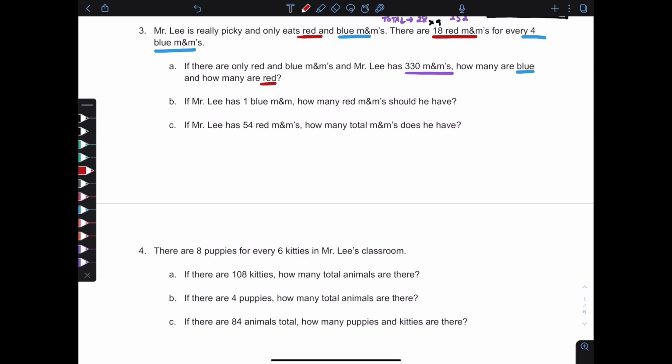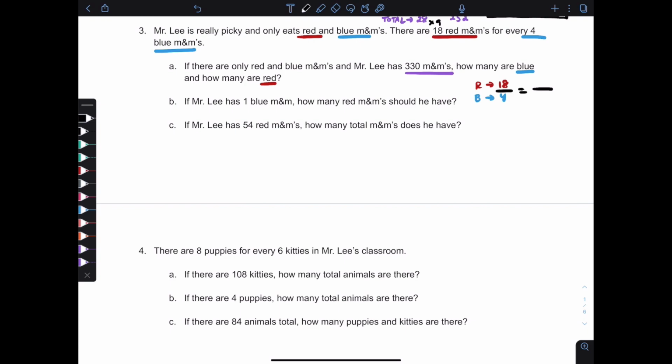Okay, so let's set up some sort of ratio to begin for part A. I'll go red first, put red on top. We know that there are supposed to be 18 red ones for every 4 blue ones. So there's a lot more red than blue. That's our initial ratio, and we have to see what this is equal to.